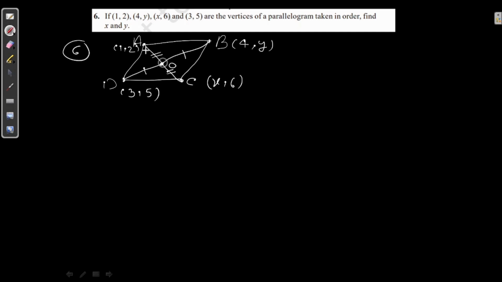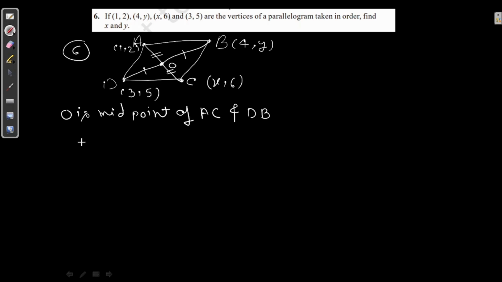So point O is the midpoint of AC and also the midpoint of DB.